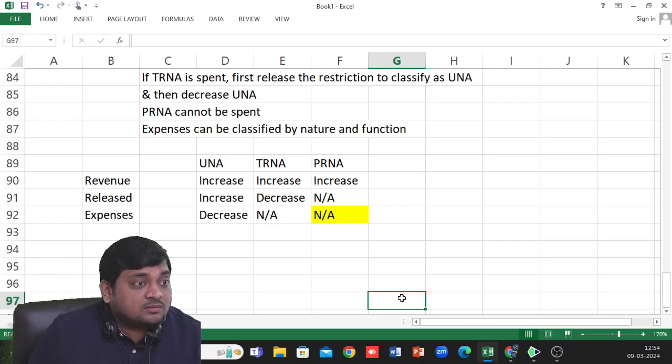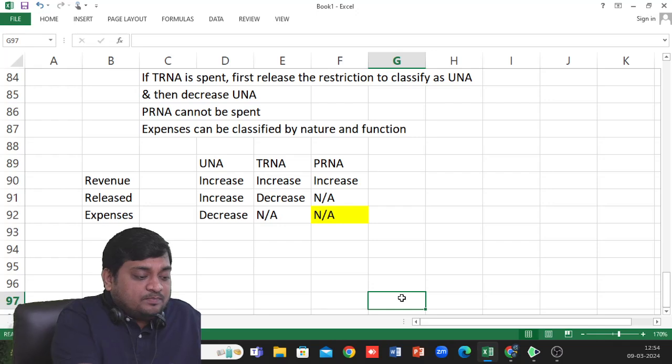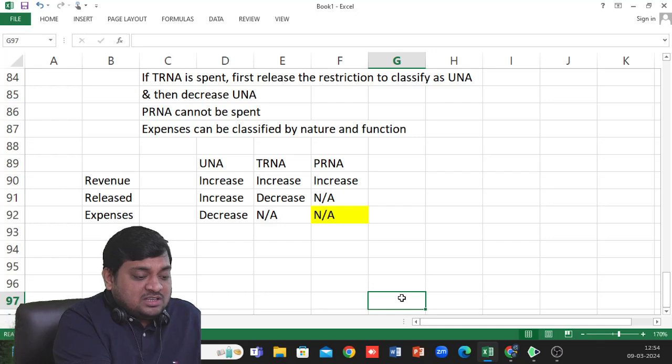So this was your statement of activities. Now we will be talking about the statement of cash flows. In the statement of cash flows, I have got nothing much to explain because this is quite similar to what we have done in profit entities. There is no such difference in this.